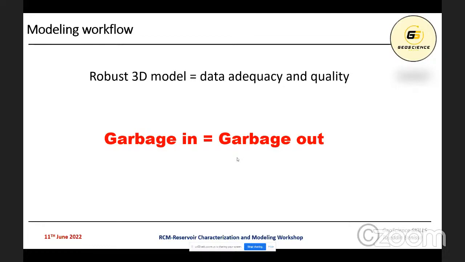Once your data didn't go through the process that you have shown at the beginning regarding data quality control and validity, then you will end up with a rubbish model that will mean nothing for the project. So please pay attention to this rule.